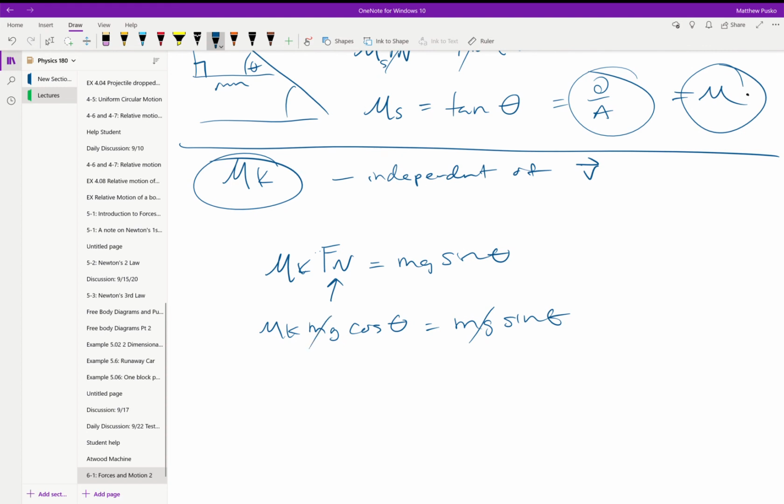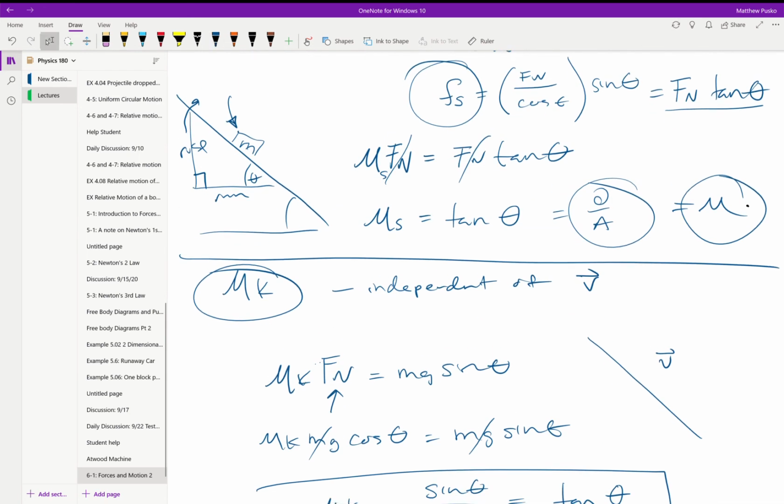We just derived mu kinetic again. So you'd want it to move down with a constant velocity for this one. Over cosine theta or tangent theta.